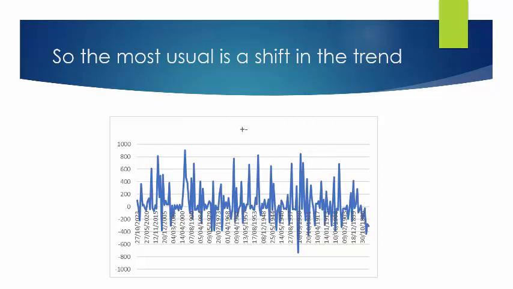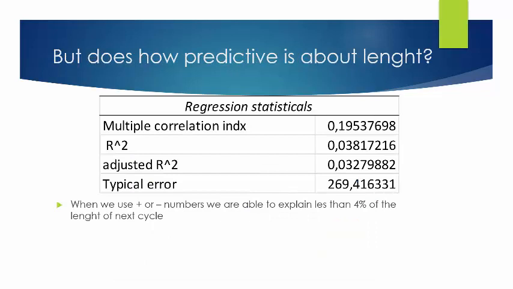As you see, this is something that we can see more or less in the charts. The normal outcome is that after one positive trend comes a negative, or the other way around. But after making these kinds of statements, we have to depict what the predictive capacity is of what is happening after a trend changes. So, for example, if I had a very long negative trend, what is the next cycle going to be?